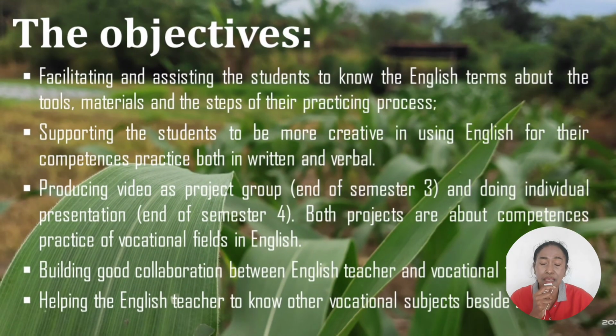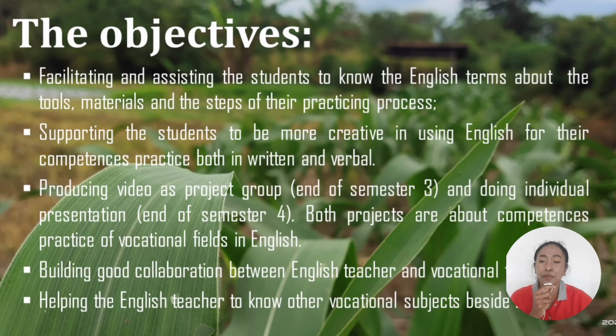And the objectives of this collaborative learning are facilitating and assisting the students to know the English terms about the tools, about the materials, and the steps of their practicing process. It also supports the students to be more creative in using English for their competencies practice, both written and verbal.